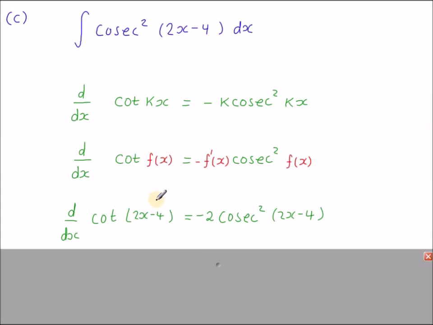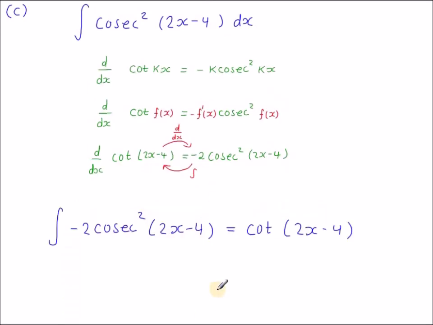So now what we have to do is rearrange this, because we're differentiating in this direction, and if we integrate the right hand side we get the left hand side. So we need to rewrite this as an integral rather than a derivative, reversing the order. Now I've reversed the order. I'll put the dx and the constants in afterwards.